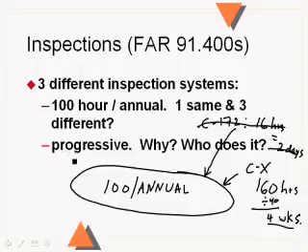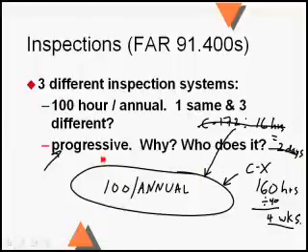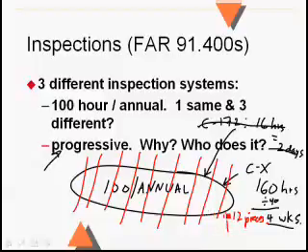So what you can do under the progressive inspection system is chop it up. You can say, I'm just going to do parts of it at a time. Let's just say, for instance, you chop it up into 12 pieces. What that means is once a month you would pull it out into the hangar and do 1/12 of 160.